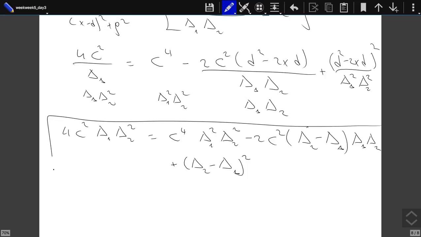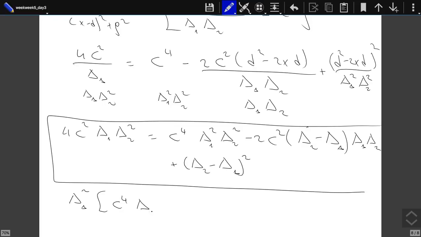Now we need to solve this one, or simplify it. So let's see. Delta 1 squared. Here we have c to the 4 delta 2 squared. And where else I have delta 1 squared? Here I have a delta 1 squared, and that is plus 2c squared delta 2. This term, I wrote this term, and then I have this term over here, which is plus 1. This is the coefficient of delta 1 squared.